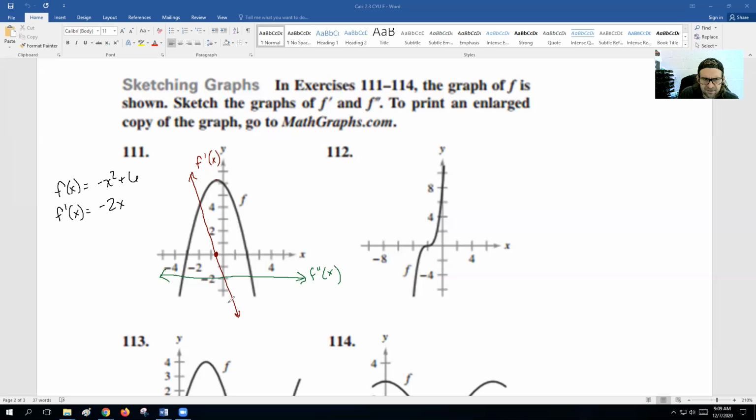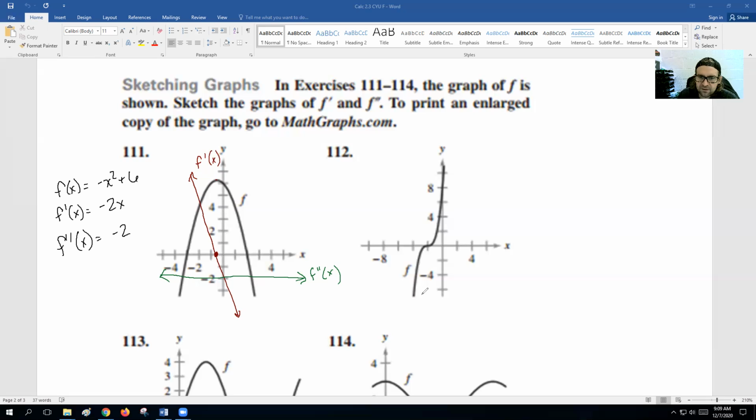It's probably shifted down a little bit because this isn't exactly squared. It might be negative 6x plus 6 or minus 6 or something like that. We don't know exactly what the equation is, but we know we're going to have a negative line. And then the derivative of negative 2x is just negative 2, which is a flat horizontal line in the negative. So you can make up problems to see what the derivative should look like.